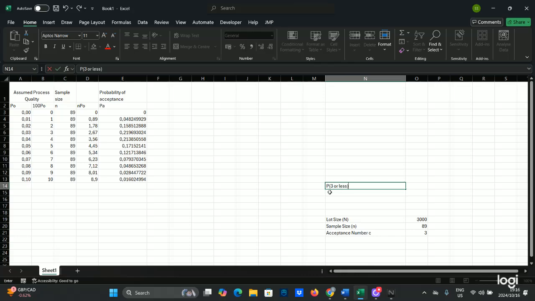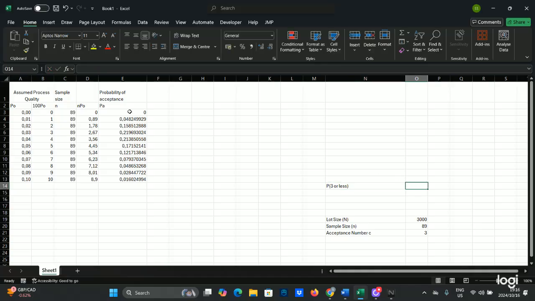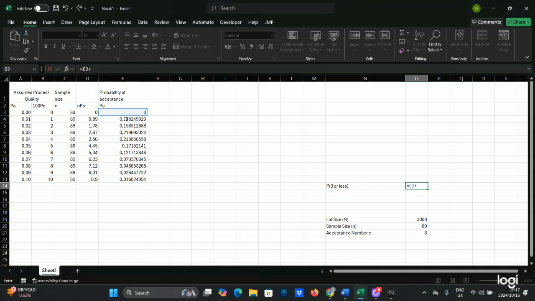Since I put this as false, which means not cumulative, to get this 3 or less, you can determine it by adding the probability of 0, plus the probability of 1, plus the probability of 2, plus the probability of 3, as a sum. So now this is the probability of 3 or less.